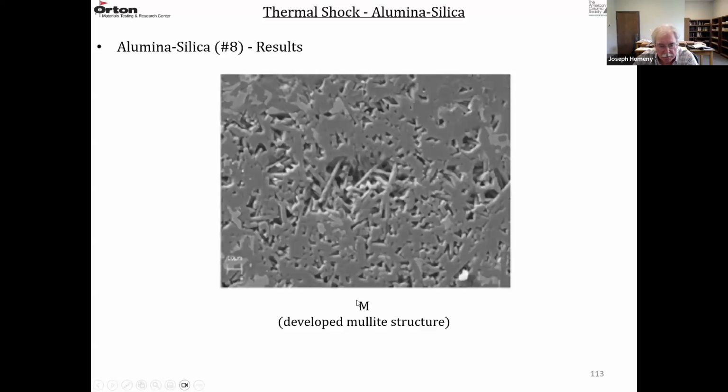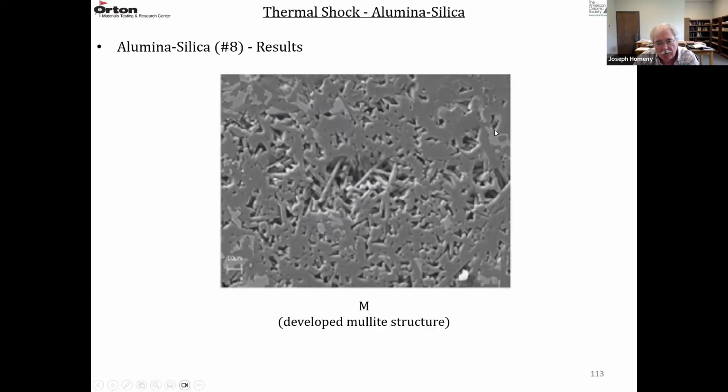For the composition labeled M, which was all mullite, you can see the needle-like crystals of mullite. You can see the porosity, and then you see a lighter phase. That's probably an impurity silicate type phase.